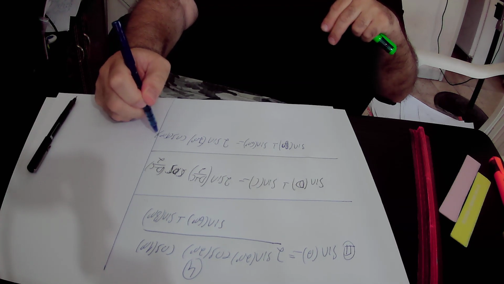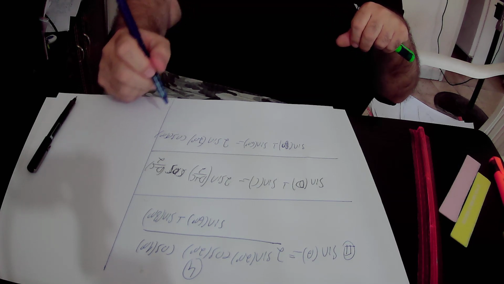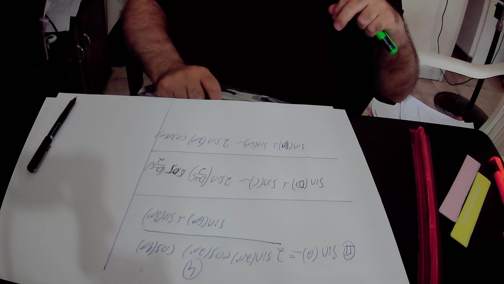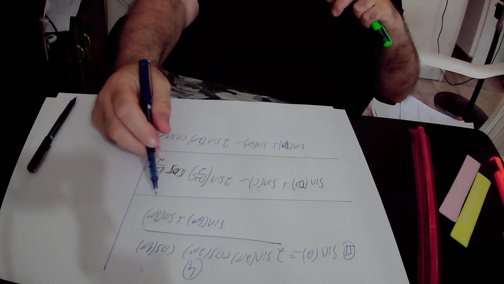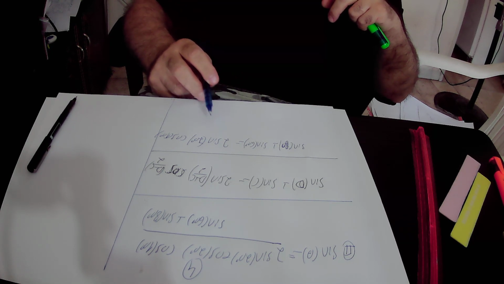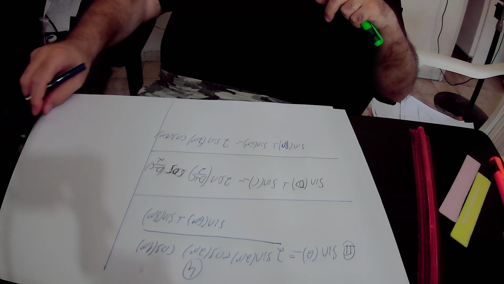So in conclusion, we found out that sine 60 degrees plus sine 80 degrees equals 2 times sine 70 degrees times cosine 10 degrees. So we can substitute sine 60 degrees plus sine 80 degrees by 2 times sine 70 degrees times cosine 10 degrees.